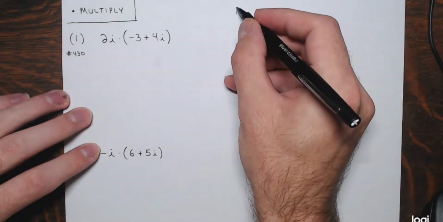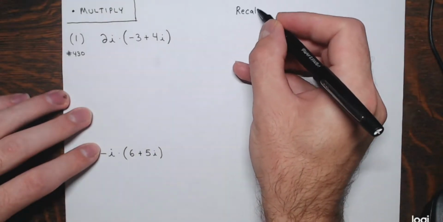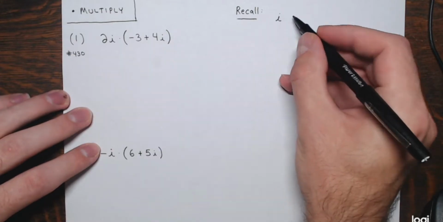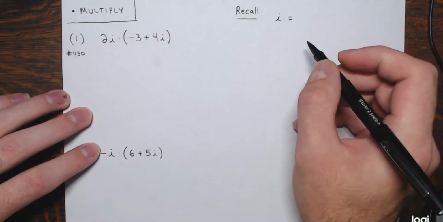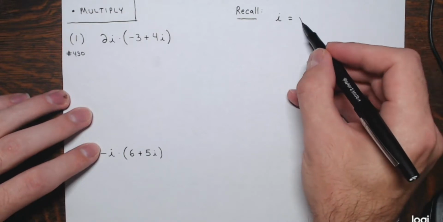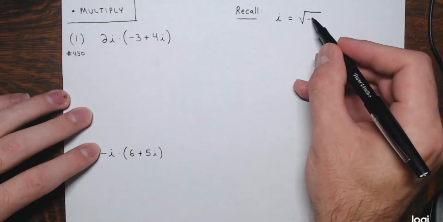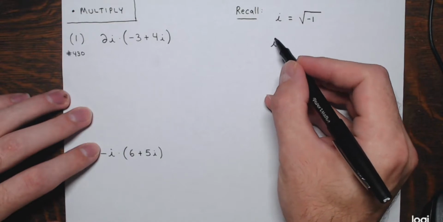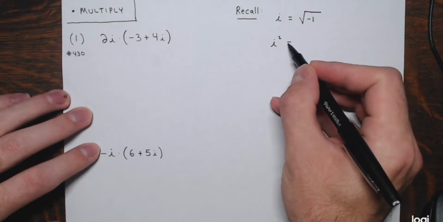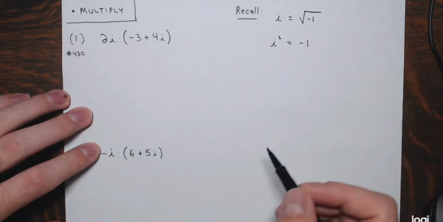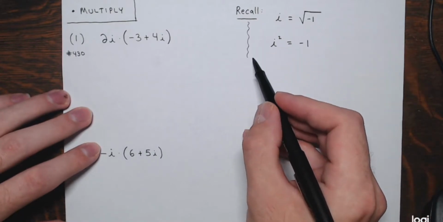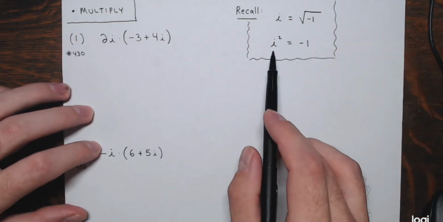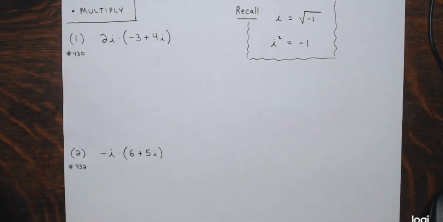Hopefully you recall what i represents. Remember, this i is the imaginary unit. It is the square root of negative 1. In other words, it's a number that when squared would give me negative 1. So keep this in mind: i is the square root of negative 1, meaning that i squared will give me negative 1.